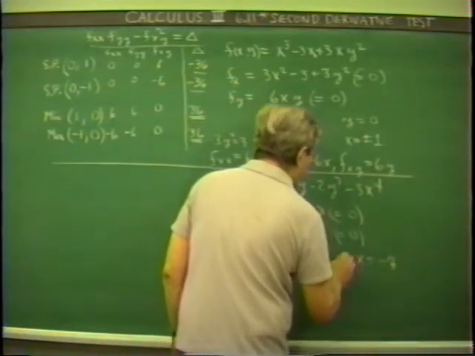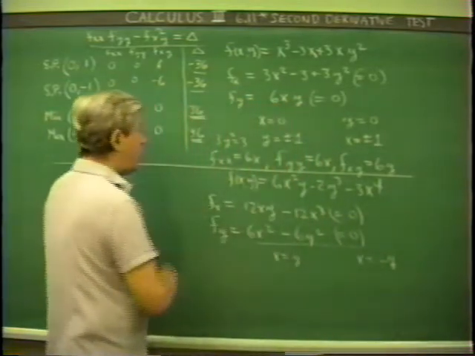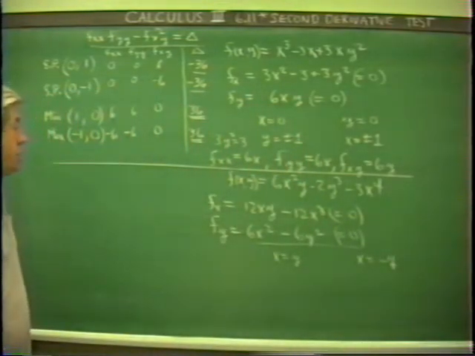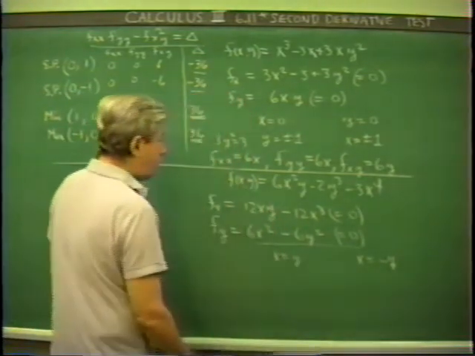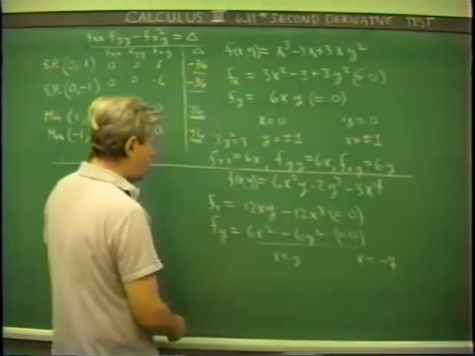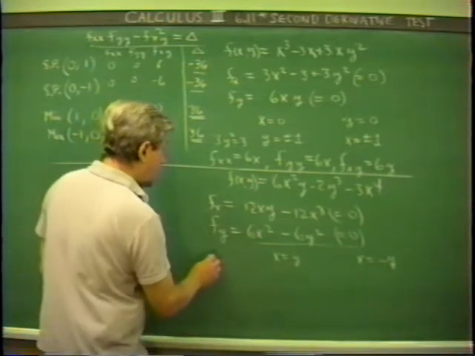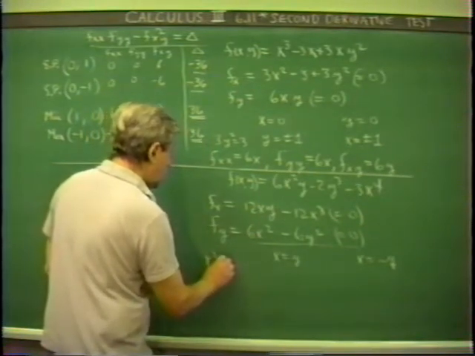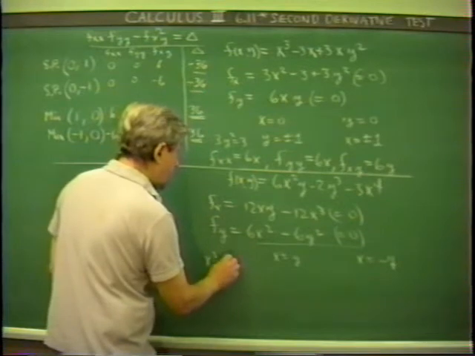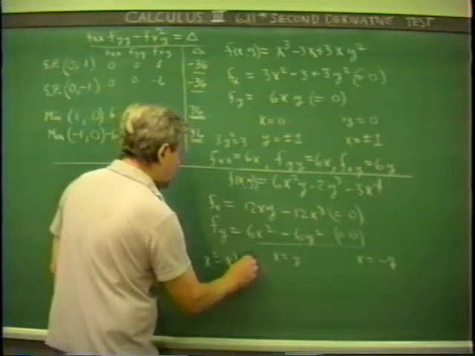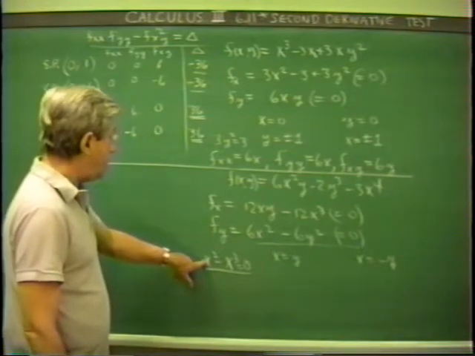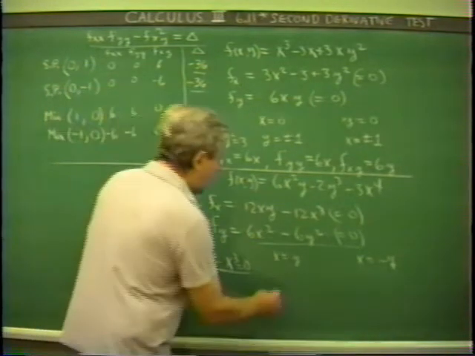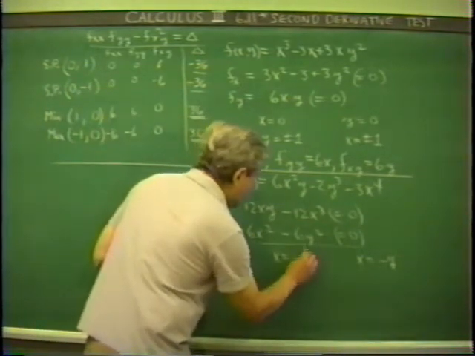Well, this is going to be equal to 0 when x is equal to y or when x is equal to minus y. So x equals y or x equals minus y are two possible ways in which the second one can be equal to 0. If x is equal to y, then in the first one here, after dividing through by 12, we get x squared minus x cubed is equal to 0.